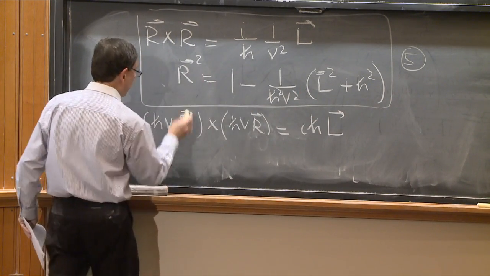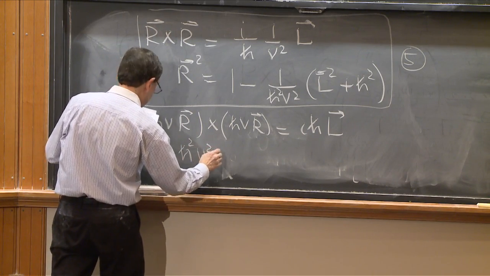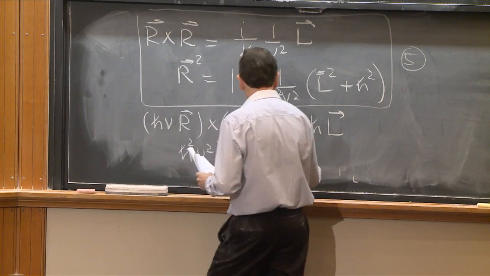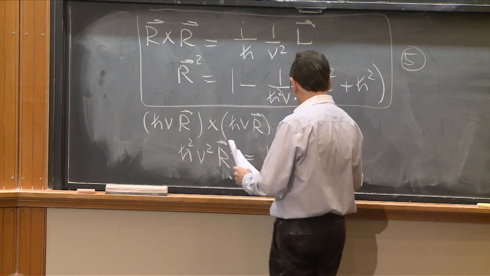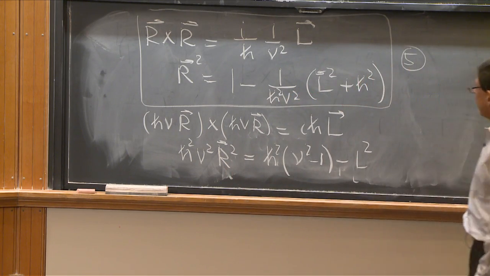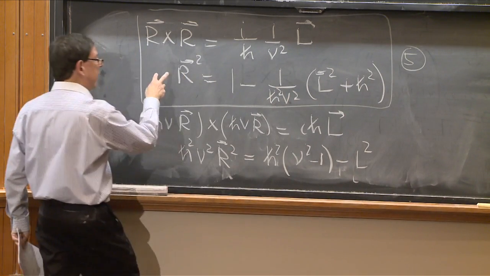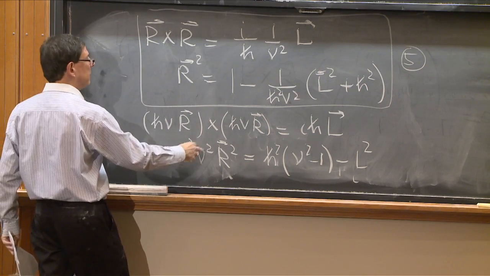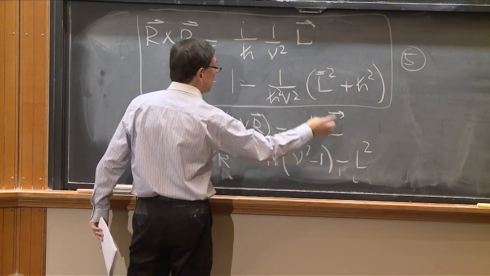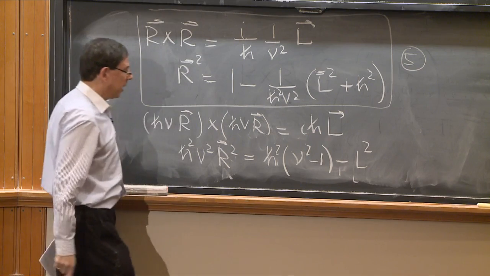Then for this one, you'll put h squared nu squared r squared is equal to h squared nu squared minus 1 minus L squared. It's sort of trivial algebra. You multiply by h squared nu squared, you get this. You get h squared nu squared minus L squared, because it's all multiplied, minus h squared.